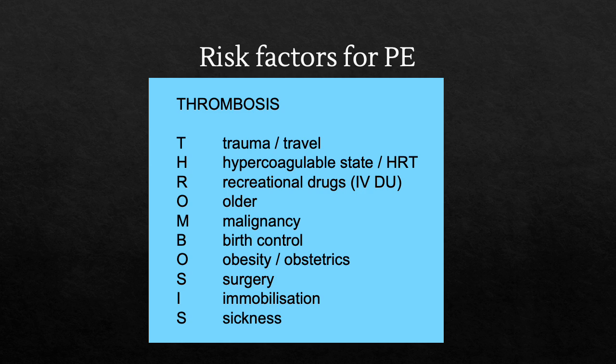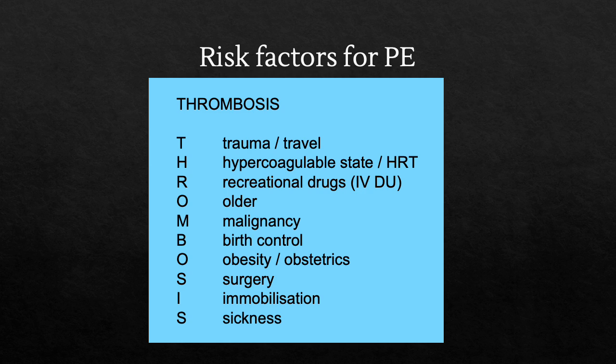Please just remember that you can still get a PE, and you're specifically at highest risk within the first 6 weeks postpartum. Any surgery, especially if the surgery causes immobilization, and then basically any sickness can be a risk factor, especially if you have factor V Leiden.